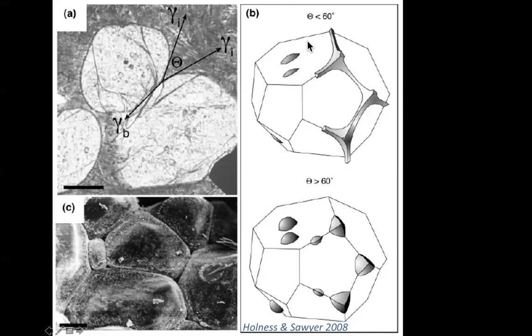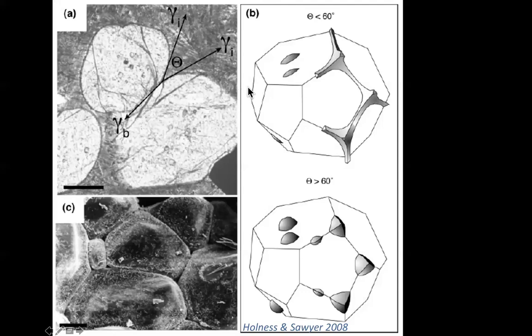If we then have a flatter droplet profile, these droplets can become interconnected along the edges of these grains. And we would form an interconnected network of melt, which would then flow almost the same way water moves through the porous spaces of sand at the beach, and then be able to migrate toward the surface.